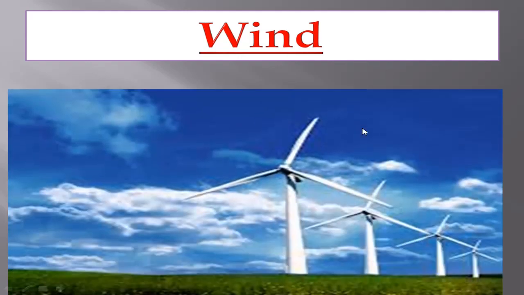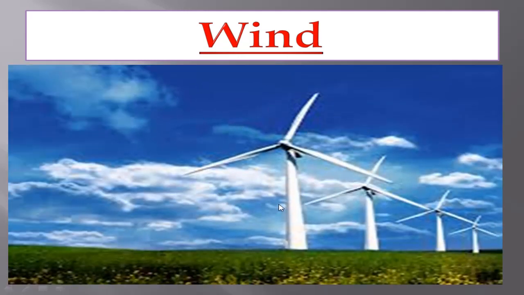Then we will learn about another energy source: wind. Before learning about wind, we learned about the sun, biomass and fossil fuels. This picture represents windmills, or a wind power station.